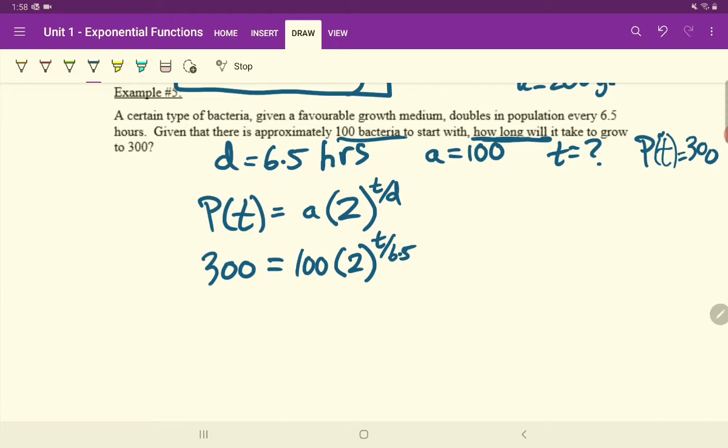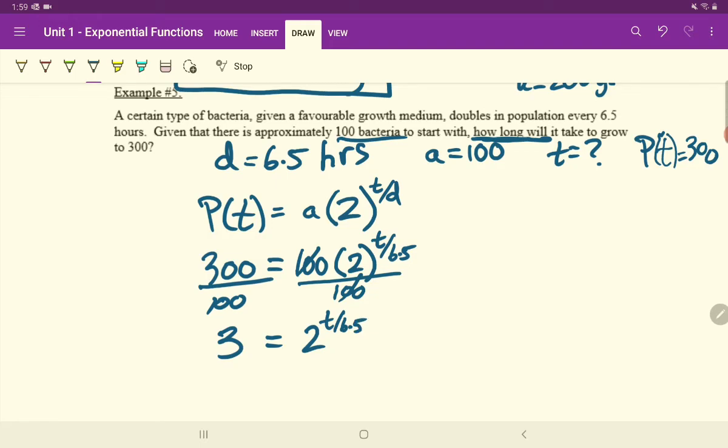We need to solve for T. Okay? In order to do so, we've got to clean this up a little bit. We can solve for that exponent, the numerator, but first we need to get rid of that 100 like we did in the previous questions. Divide it out. You're left with 3 equals 2 to the power of t over 6.5.